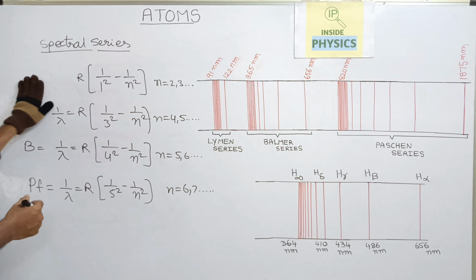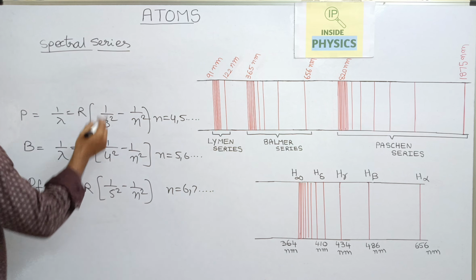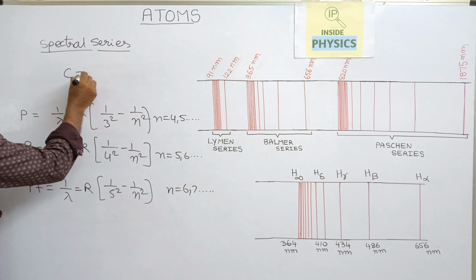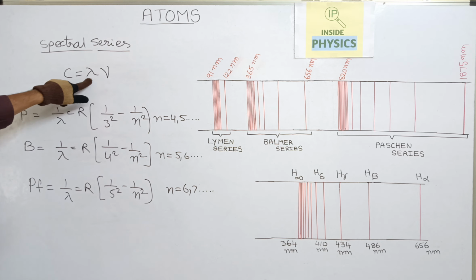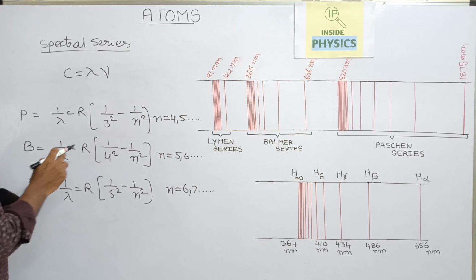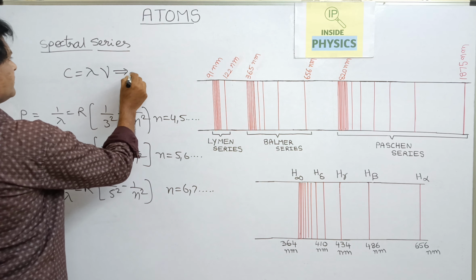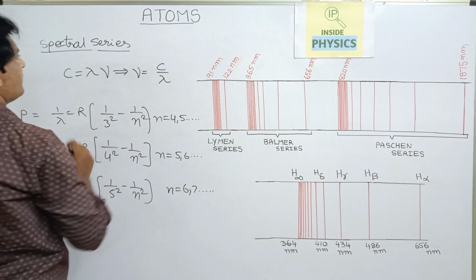There is a formula connecting wavelength and frequency. As we know, frequency can be written as c by lambda.